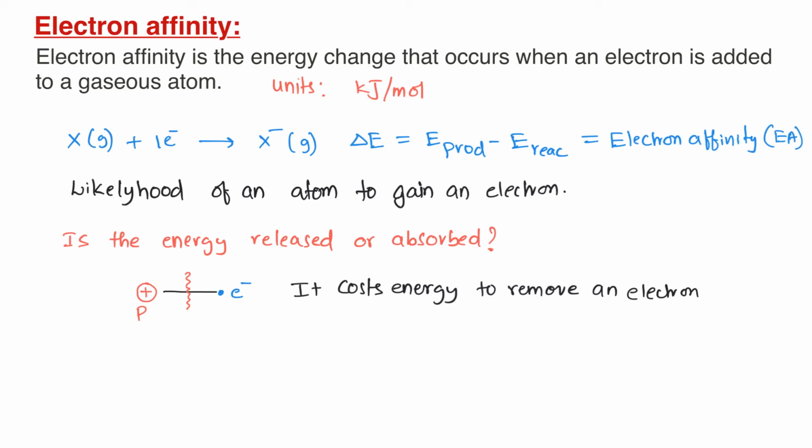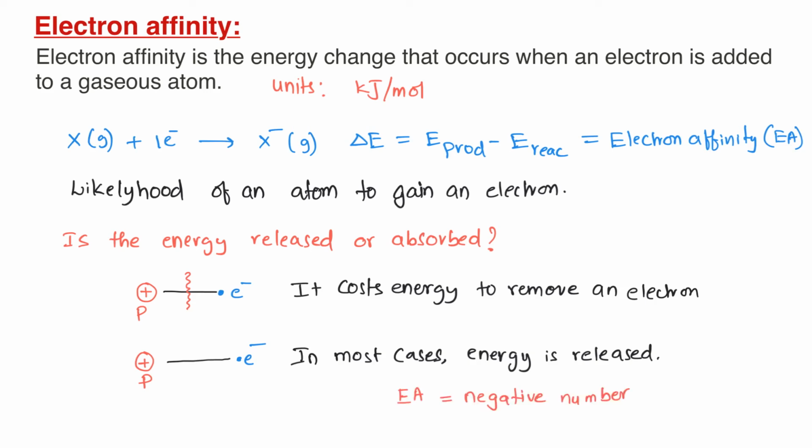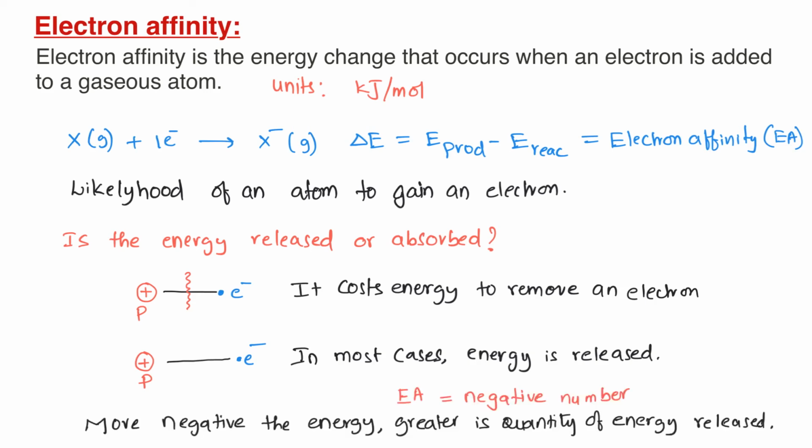On the other hand, when you add an electron, we create a bond or an electrostatic force of attraction between the nucleus and electron. Therefore, electron affinity in most cases is a negative number. That is, the energy is released in the process. The more negative the energy is, the greater is the quantity of energy released and the greater is the likelihood of the atom to accept an electron.